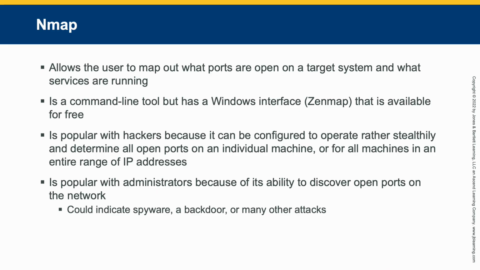Nmap, or Network Mapper, is a powerful open source tool used for network discovery, security auditing, and vulnerability assessment, but it can also be weaponized by attackers to probe university networks for weaknesses. In an academic environment, Nmap helps IT teams map devices, identify open ports, and detect misconfigured services across campus infrastructure, from research labs to administrative systems.